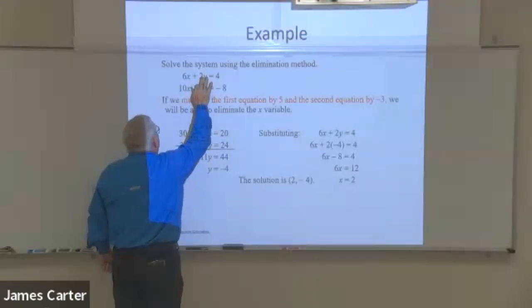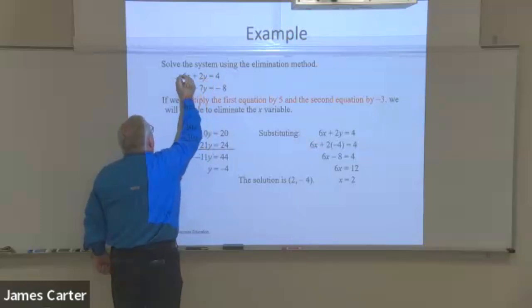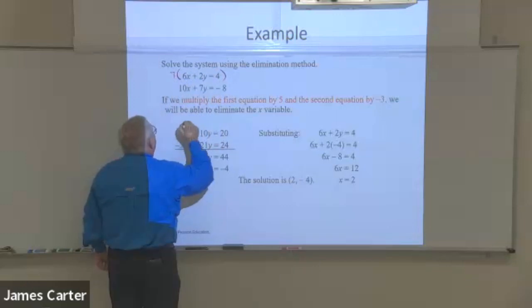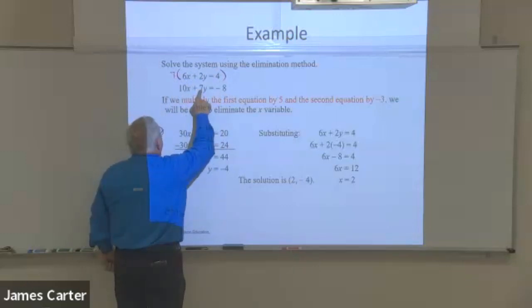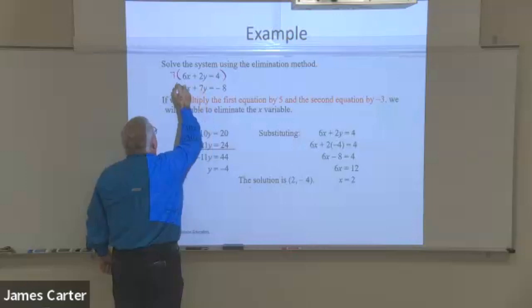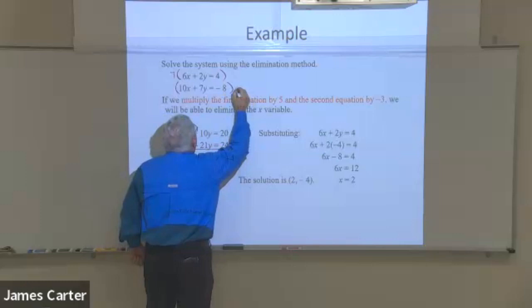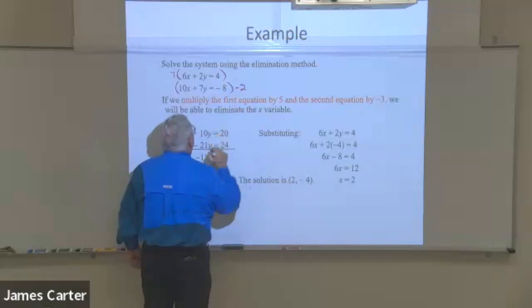So to get 14 here, I need to multiply everything by 7. To get negative 14 here, an opposite, then I need to multiply everything here by negative 2.